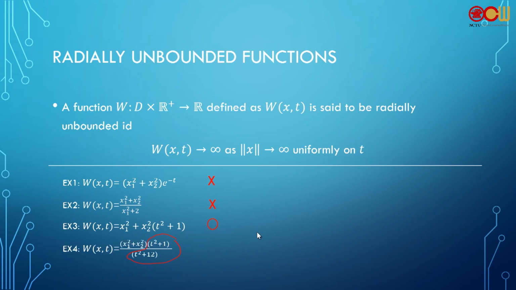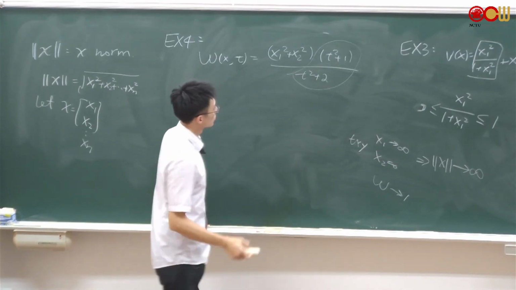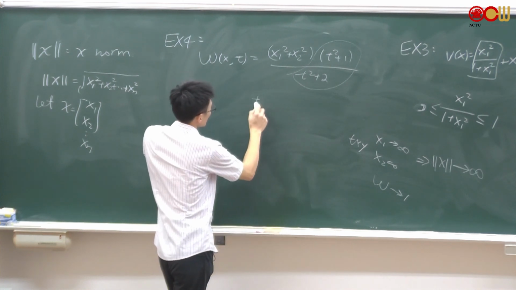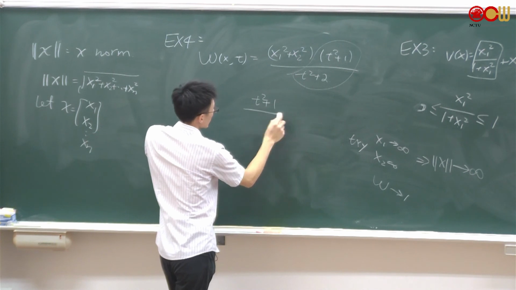For this case, is it radially unbounded? These time terms don't change W much. So check this first. What's the lower bound of this?